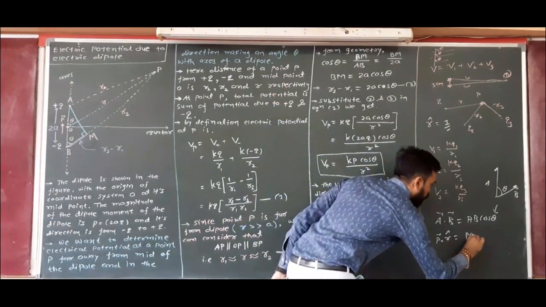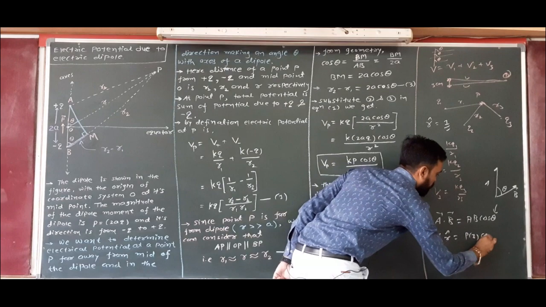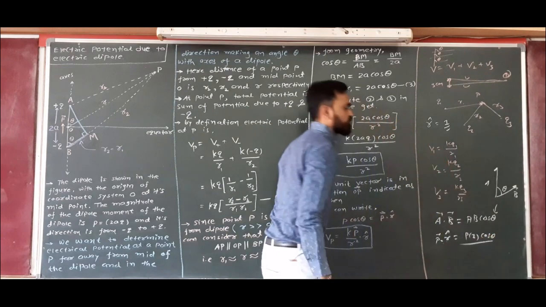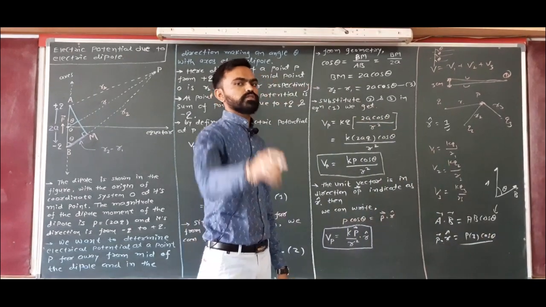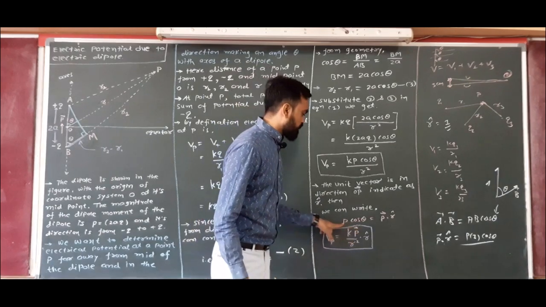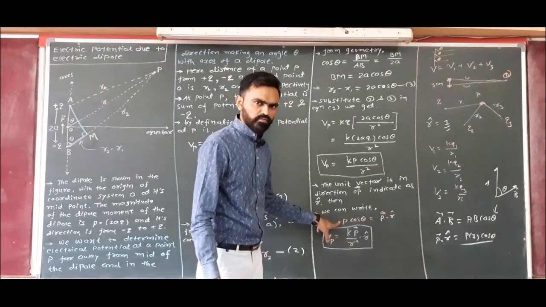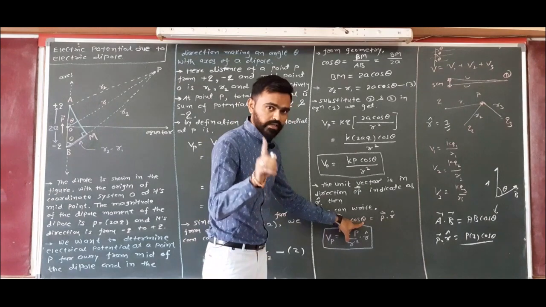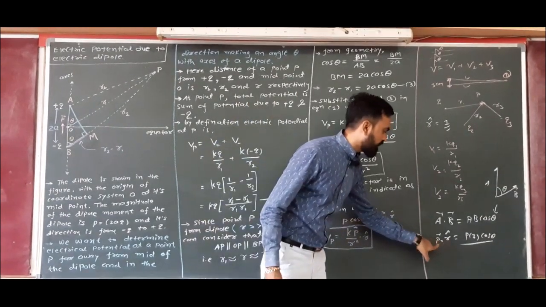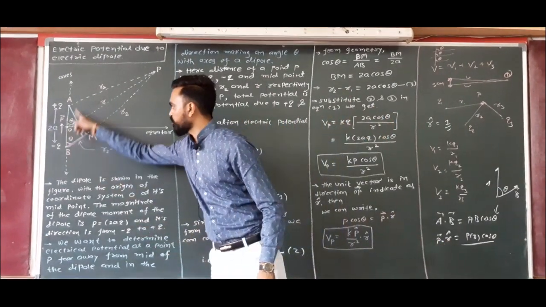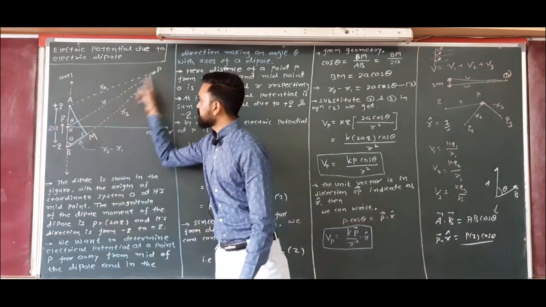So into 1, remove this dot, bring the cos theta there. So this is P into 1 cos theta. Hence we simply write it as P cos theta, right? That cos theta is the angle between P and R. P is the dipole moment of the dipole and R is the distance.